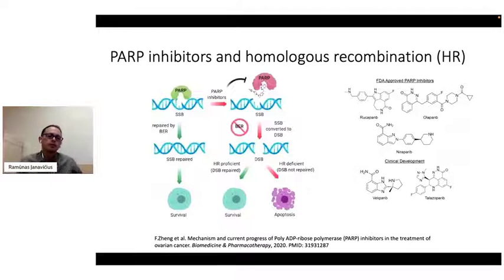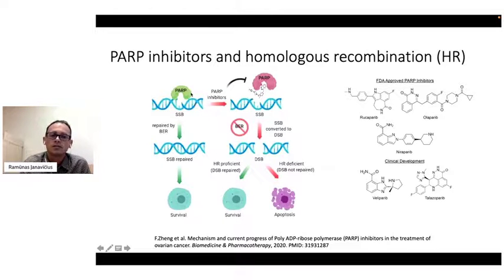I would like to briefly remind you of, or explain, the involvement of PARP inhibitors. Normally, in the cell we have several DNA repair systems, and PARP is poly-ADP ribose polymerase.